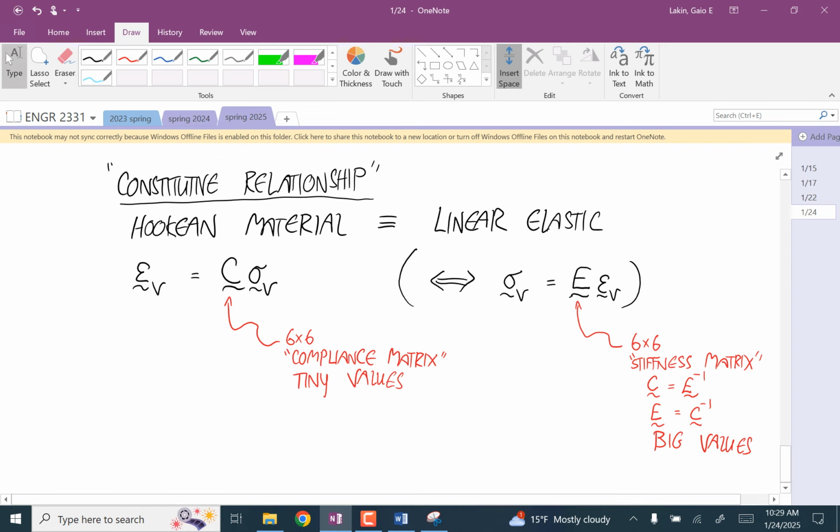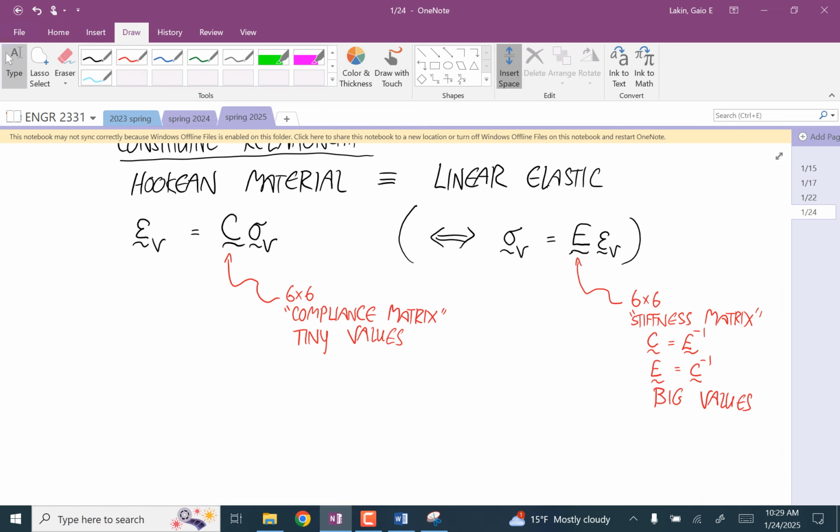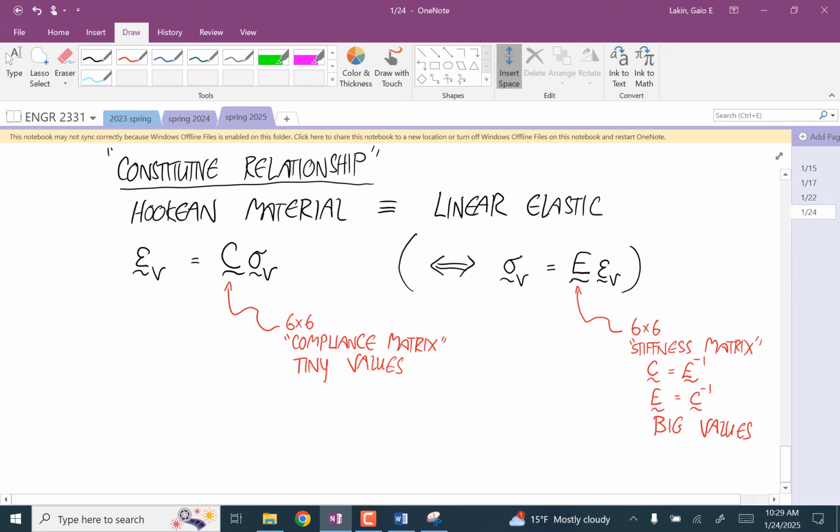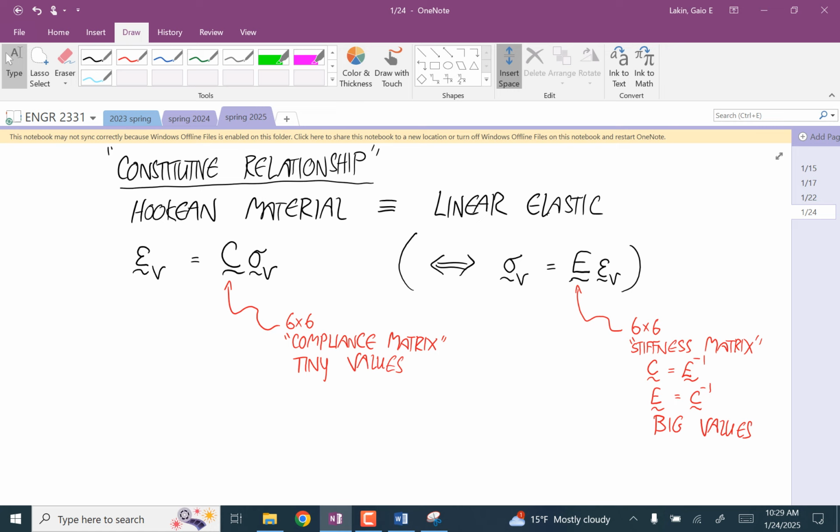Okay, so let's start thinking about this compliance matrix. So what's the worst case scenario? So what we have here is we know that we have this linear relationship, and we know once we fill in this matrix, if we know the stress, we can calculate the strain, and that would be a really powerful thing to be able to do.